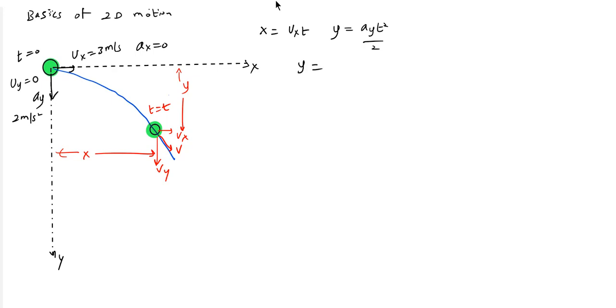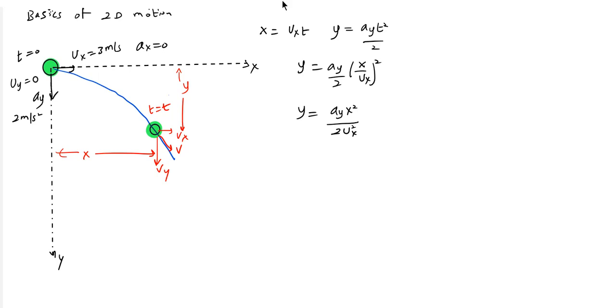y is equal to ay by 2 times x by ux whole square. Then this should be equal to ay x square by 2 ux square. Look at how y is proportional to x square. So definitely the particle is going to move in a parabolic path.